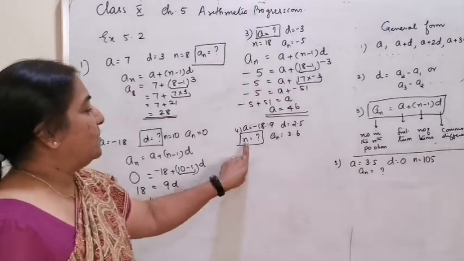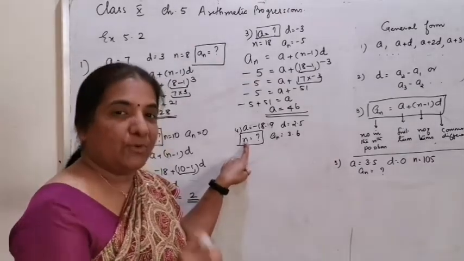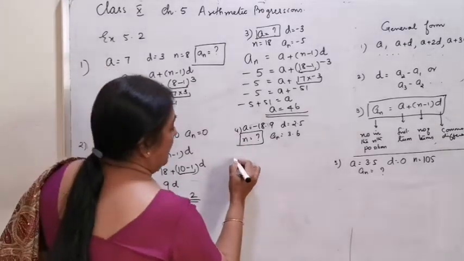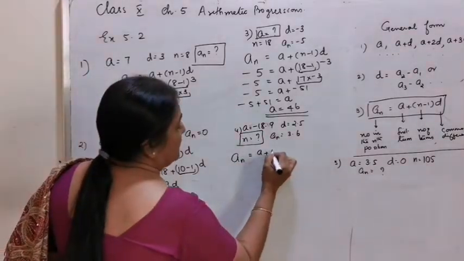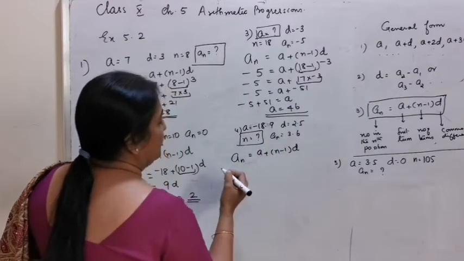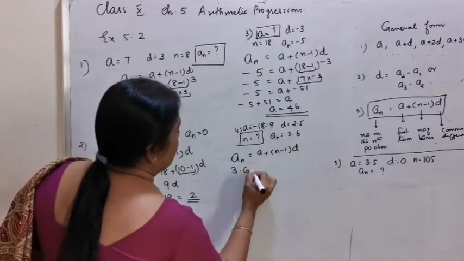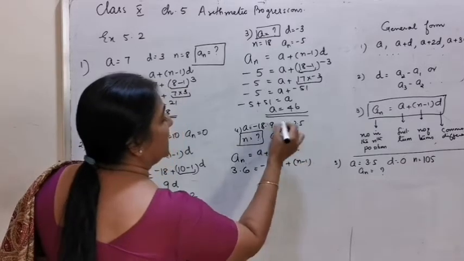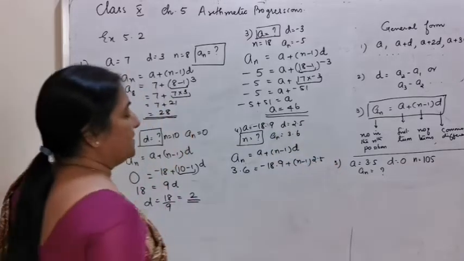The next is to find the value of n. As I told you, it should be a whole number. So let's work out an is equal to a plus n minus 1 into d. The an value is 3.6 is equal to minus 18.9 plus n minus 1 into 2.5.